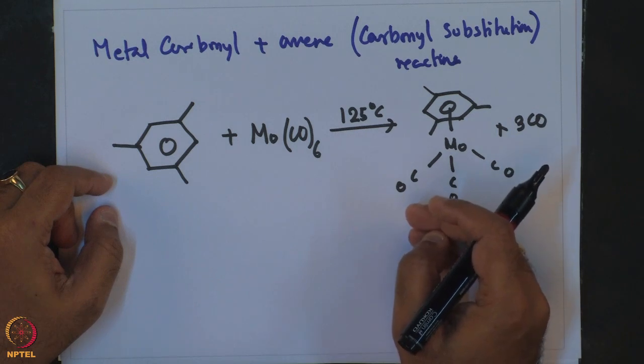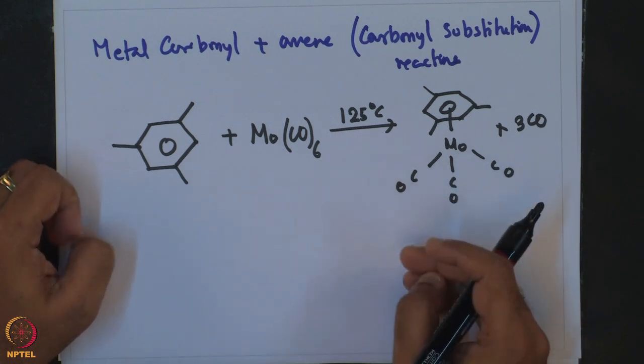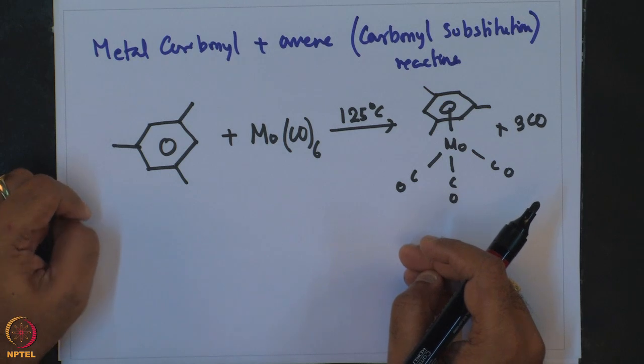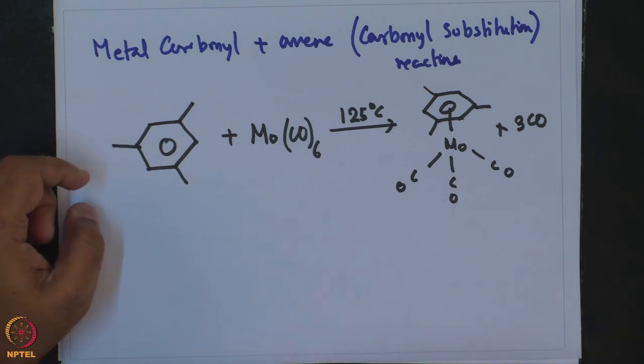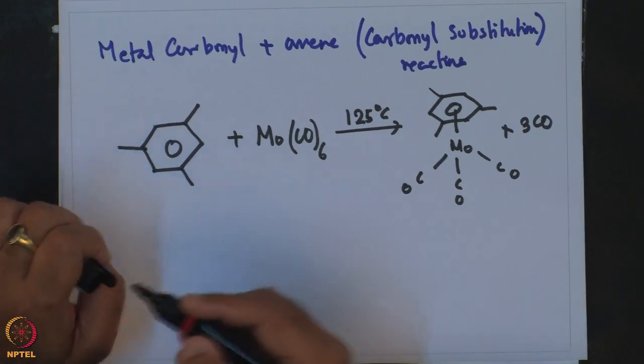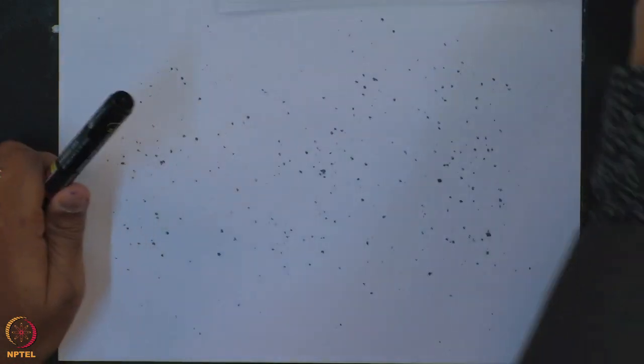Now, one can synthesize chiral complexes using these compounds, and this is illustrated by this beautiful example in which diastereomers are formed depending on the types of the arene used.